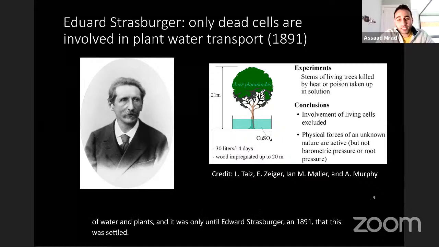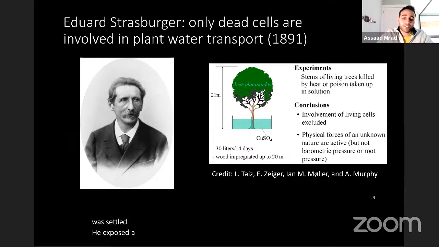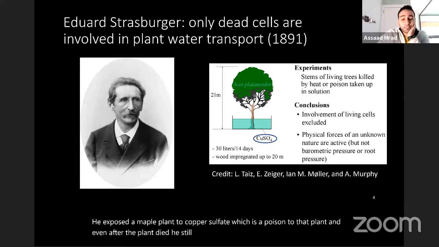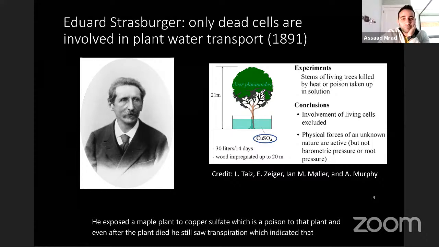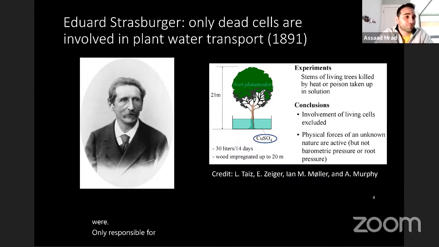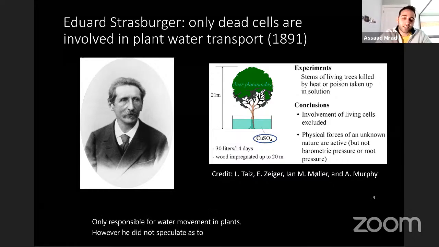He exposed a maple plant to copper sulfate, which is a poison to that plant. And even after the plant died, he still saw transpiration, which indicated that dead cells alone were responsible for water movement in plants. However, he did not speculate as to the driving force of transpiration inside plants.